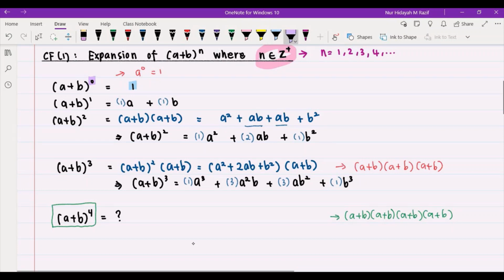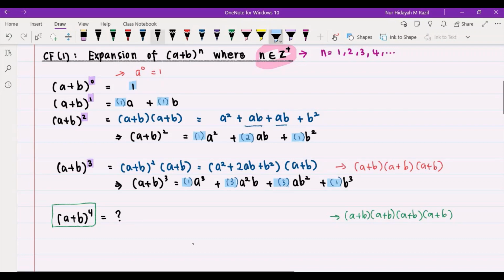When n is equal to 1, then my coefficients are 1 and 1. The one I highlighted in blue is my coefficient. When n is equal to 2, then my coefficients are 1, 2, and 1. As for when n is equal to 3, then my coefficients are 1, 3, 3, 1.